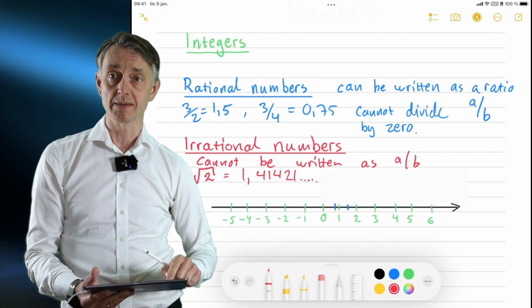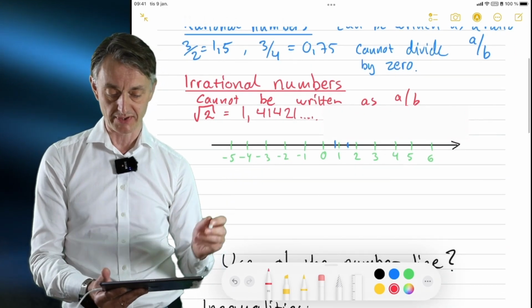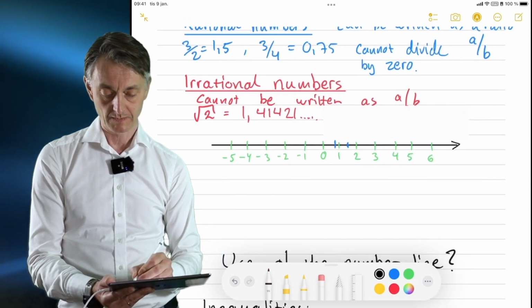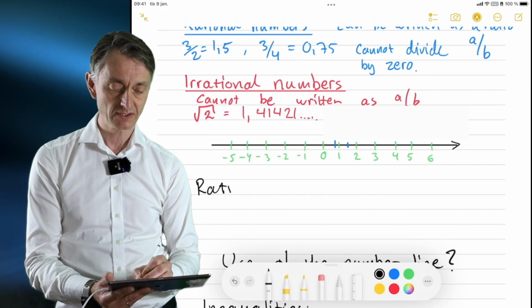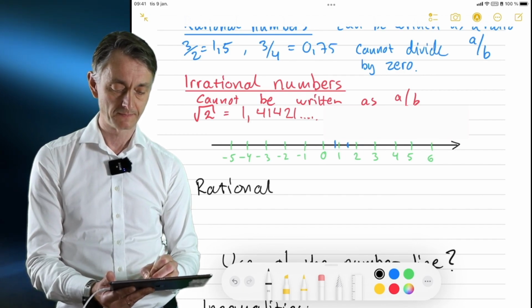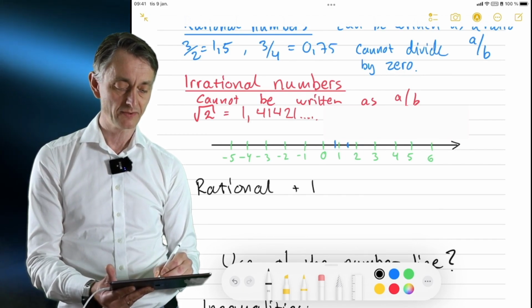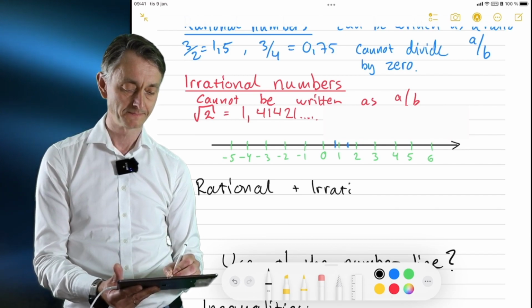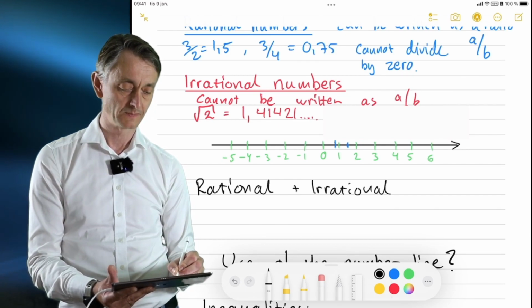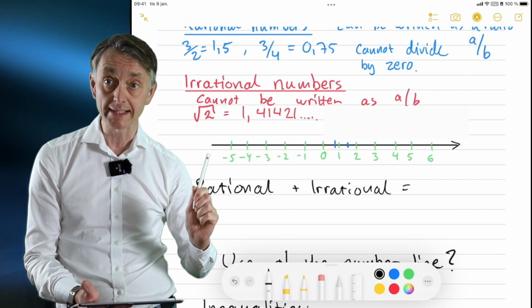And all these numbers taken together, so the rational plus the irrational equals then the real numbers.